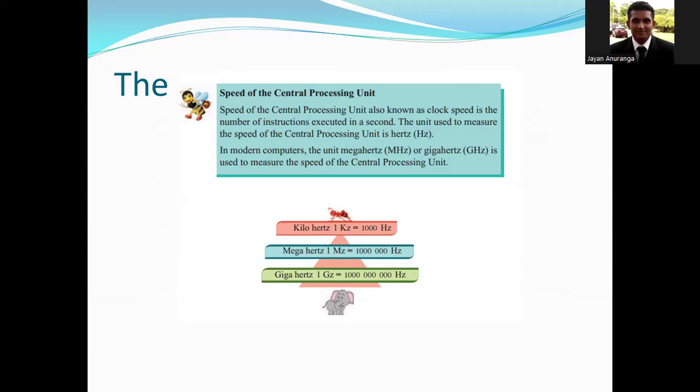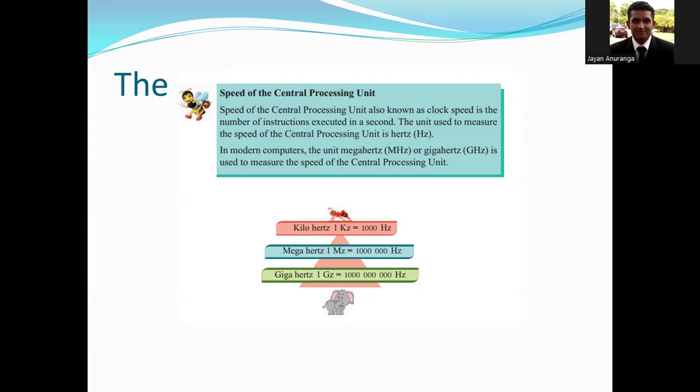In modern computers, the unit megahertz or gigahertz is used to measure the processing speed of the CPU. Kilohertz is 1,000 hertz. Then megahertz and gigahertz. Likewise, we can consider the speed of the CPU.